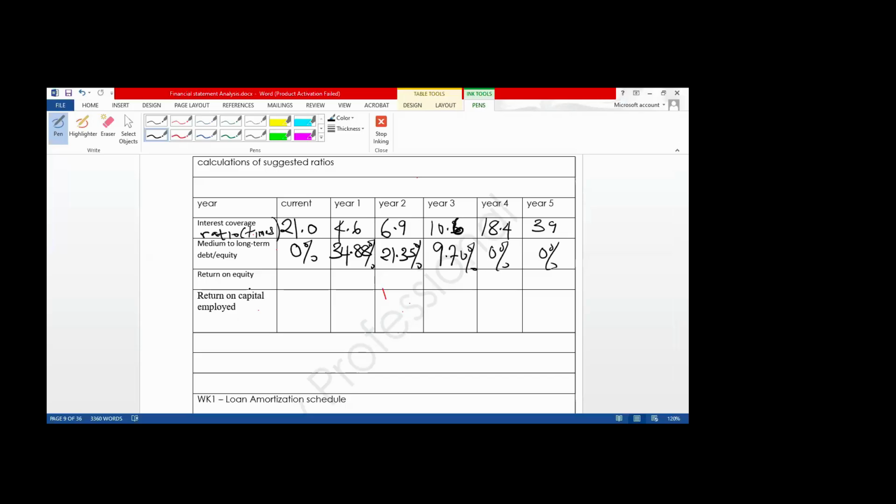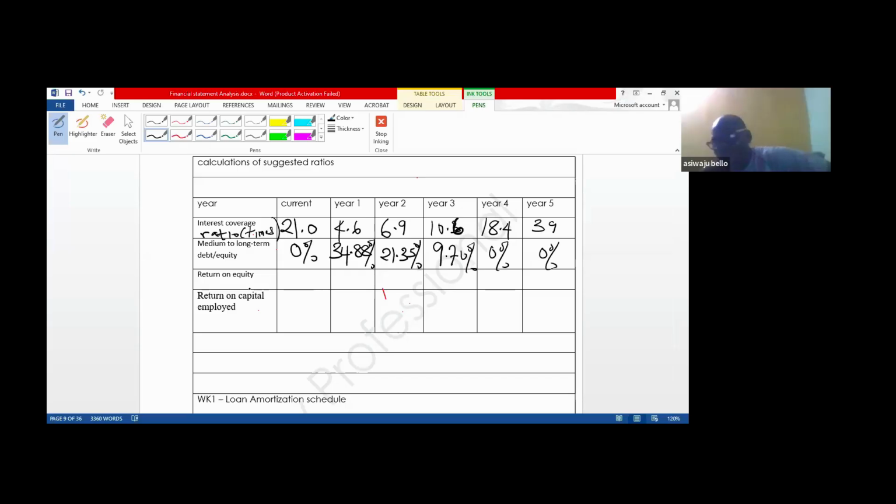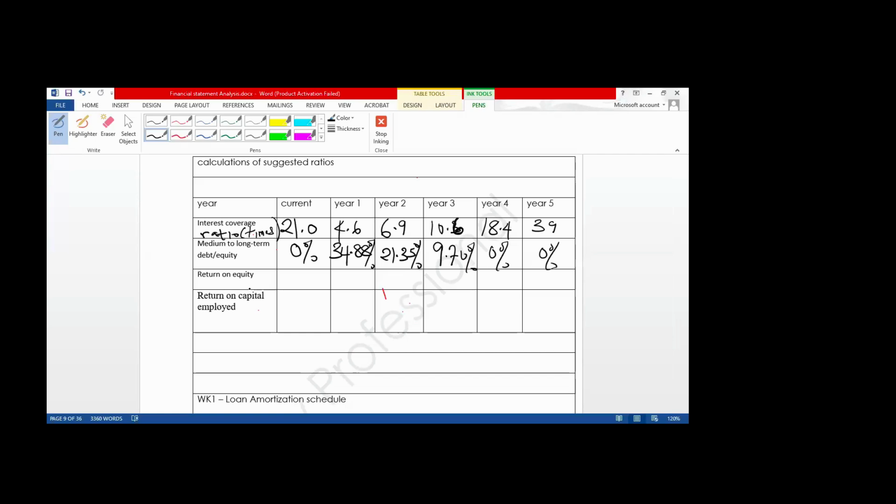Can I try? Oh, why not? You should give me the right answer, because I explained on this platform. Is it profit after tax over shareholders' fund? You're asking me back?